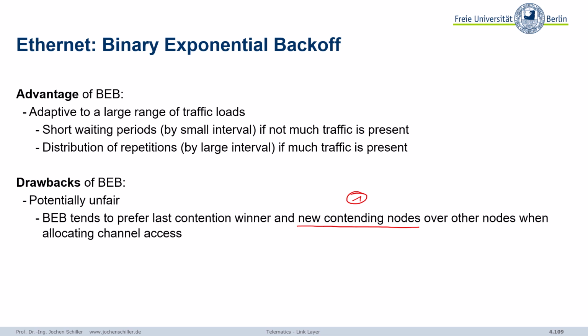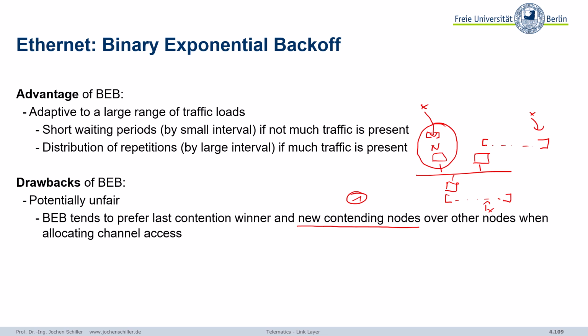Assume you just hang on this bus and you did not participate in anything. That means you do not count collisions, so you do not increase your interval. If you're a new node, you still have your small interval. And all the other nodes that experience a lot of collisions already have a large interval. So statistically, they will lose against this new node, because the new node statistically picks a lower random number x, compared to the others, who may pick a larger random number x. So it's unfair.